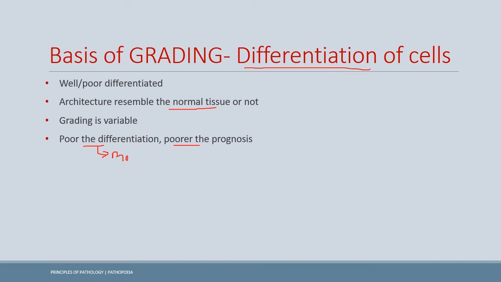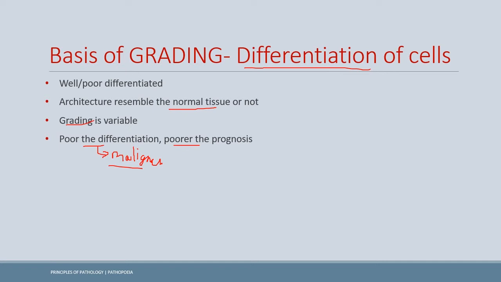Now this is not absolute, but still, generally speaking, the poorer the differentiation, the more it points towards the malignant nature. Now this grading is variable for the different tumors, and we need not go into such details. At present, this much is enough for the purposes of examination.